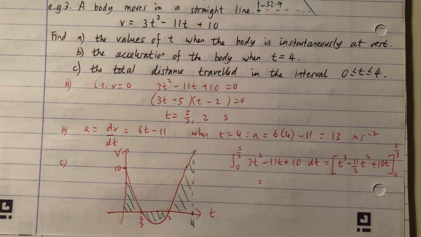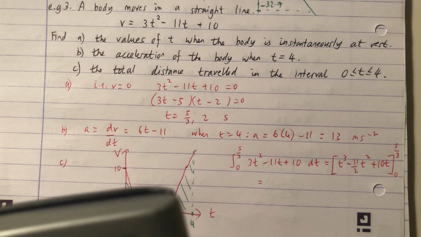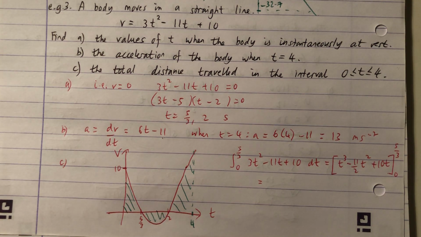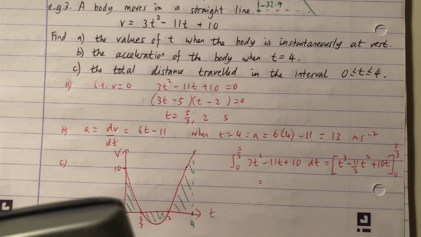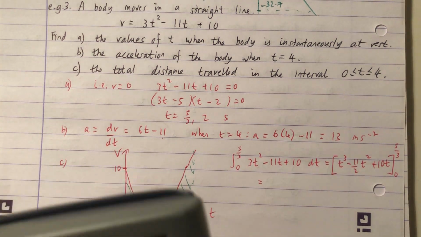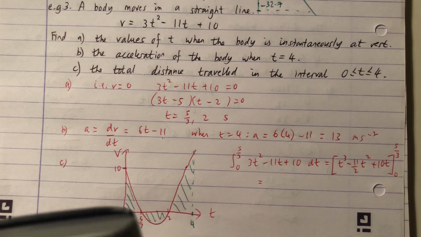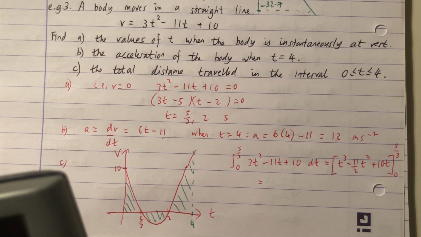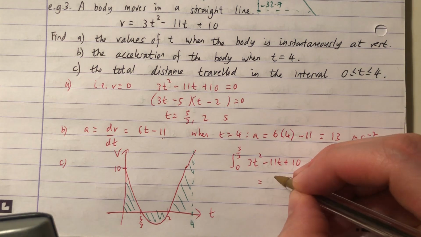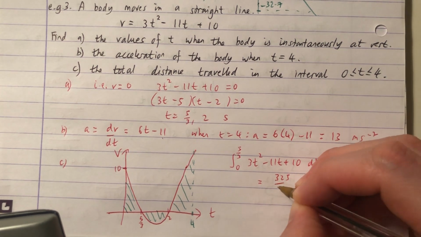I'm going to be lazy and not actually write in the substitution and just write in the workings on my calculator, but I would not encourage you to do that in an exam. Always show every single step, particularly the step I'm avoiding right now. Okay, that should give you 325 over 54.